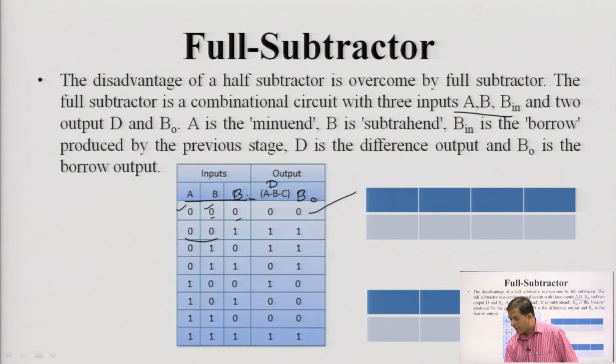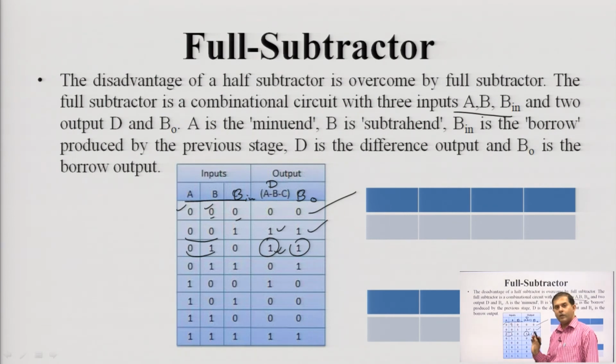So, here difference is also 1 and borrow is also 1. Okay. Next 0 comma 1. So, here difference will be 1 and borrow will also be 1. And 1 minus 0, difference will remain 1 only.